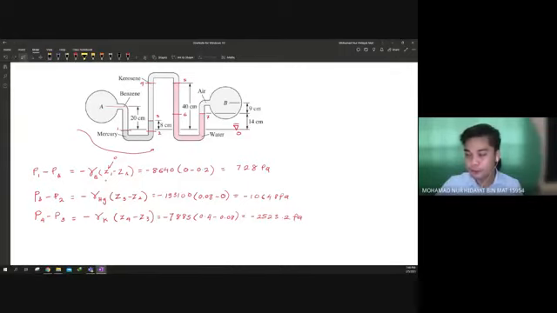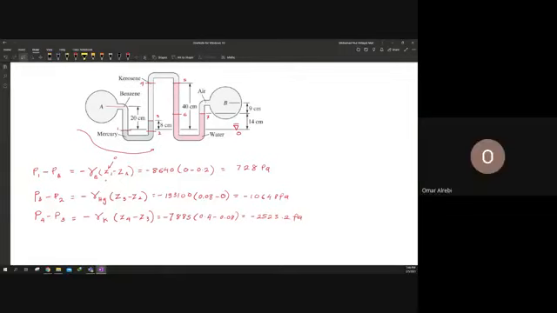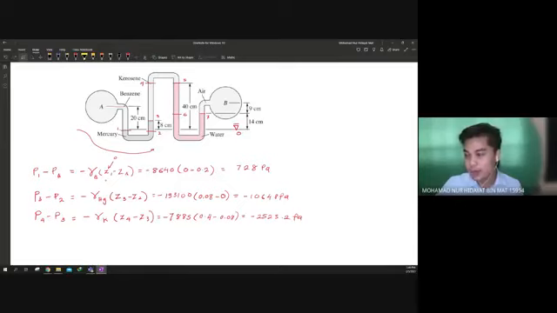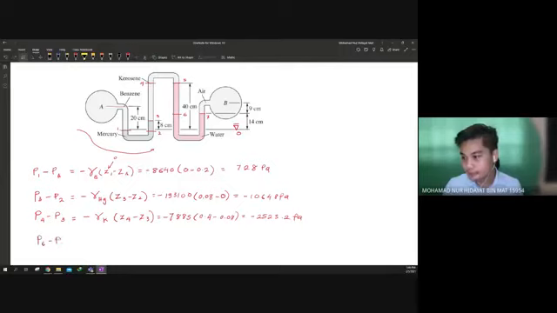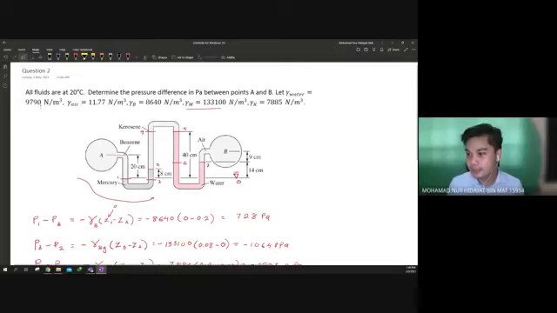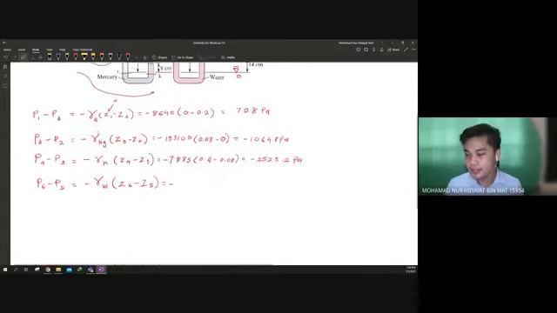Okay, 4 to 5. Do you need to do 4 to 5? No need, because 4 and 5 have the same pressure. So jump to 5, 5 to 6. Okay, P6 minus P5 equals negative gamma. What liquid is involved? Water. So Z6 minus Z5. So negative gamma of water, which is 9790. Okay, Z6.